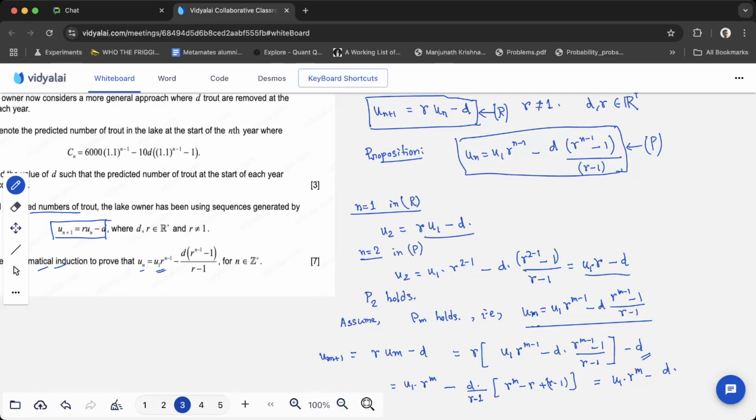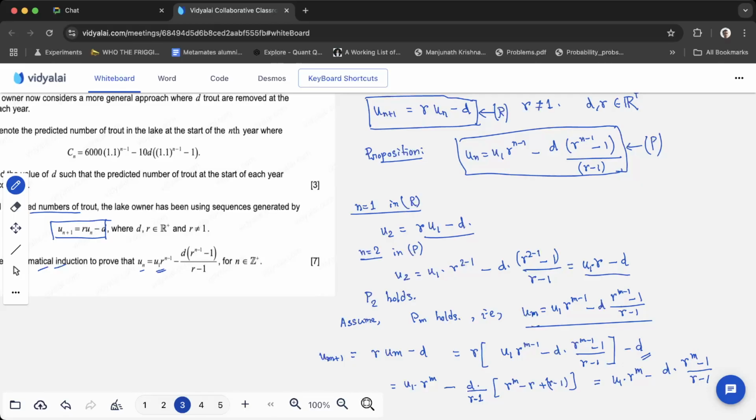So the second term on the right-hand side will become d times r to the power m minus 1 divided by r minus 1. Now m plus 1 minus 1 is basically m. So r to the power m can be written like m plus 1 minus 1.